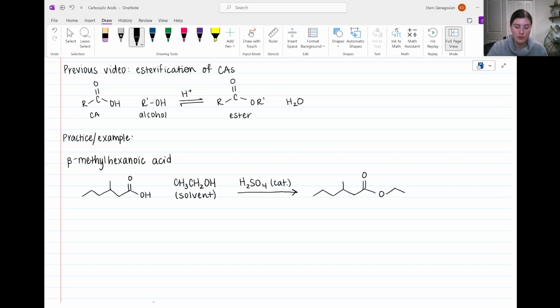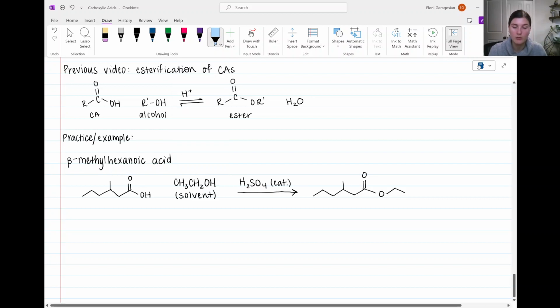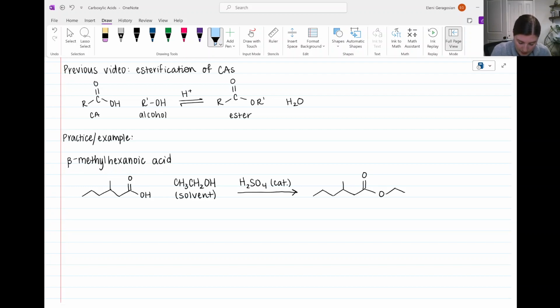So if we trace atoms and follow the mechanism, so specific atoms that come from the carboxylic acid or the solvent, the CH3, CH2, and the oxygen from the solvent are what is bonded here.